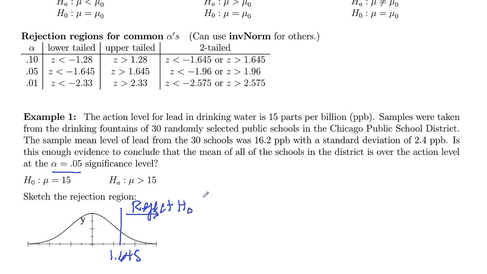So we compute the z-score of our sample data, and if it's bigger than 1.645, we decide that this can't be due to chance. There has to be an actual effect here. And this area right here is 0.05. So that's setting up the rejection region.